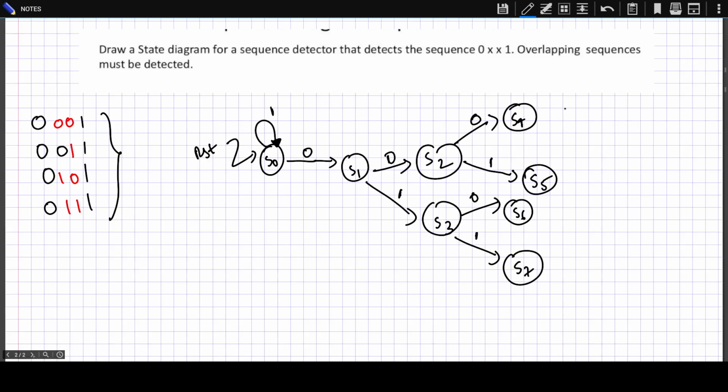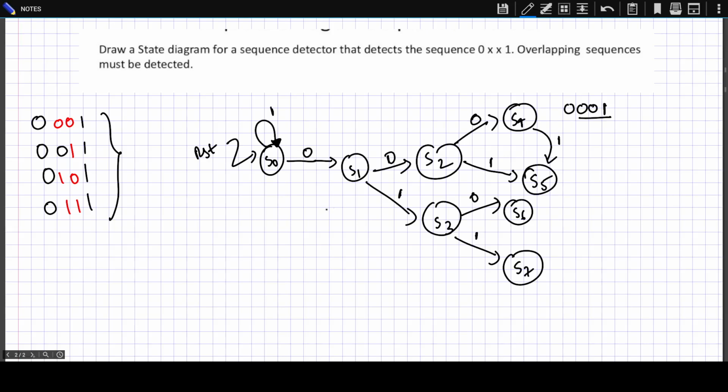From state S4, it has matched 0 0 0. If it gets a 1, to detect an overlapping sequence, it should go to a state where it matches 0 0 1. That is state S5. So if it gets a 1, go to state S5 where it matches 0 0 1.